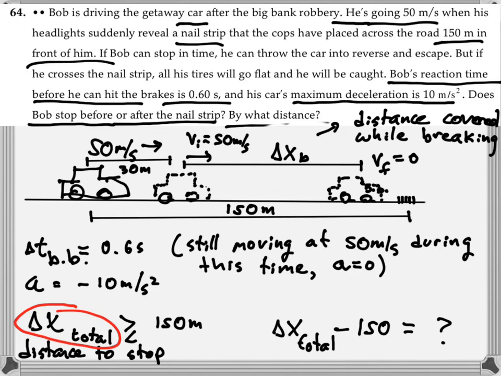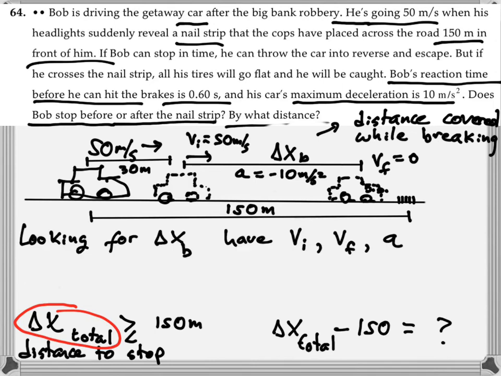So we need to find that distance, and once we have it, we add 30 meters to it and compare to 150 and see if it's bigger or smaller.